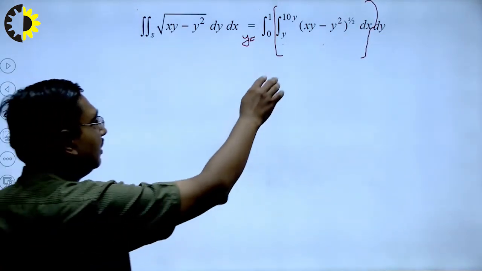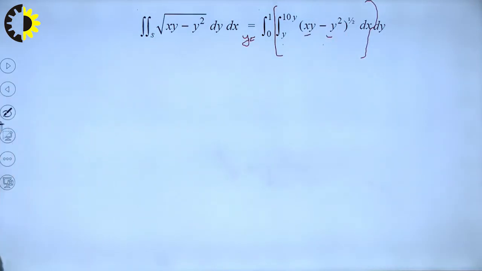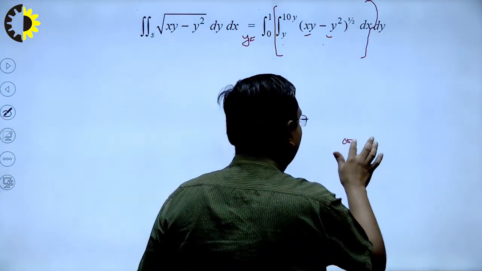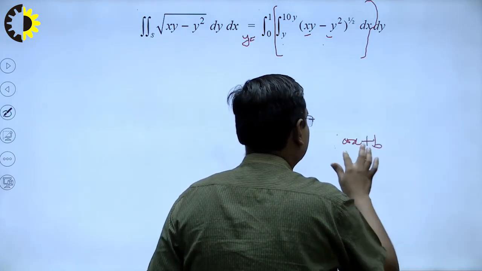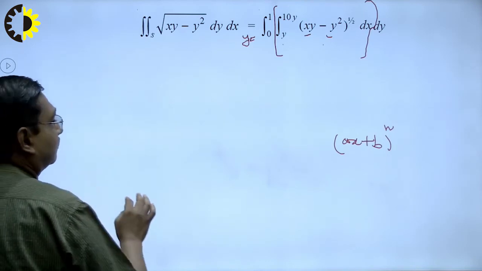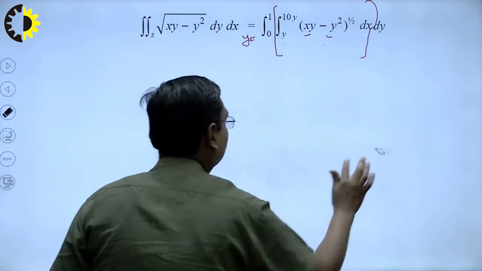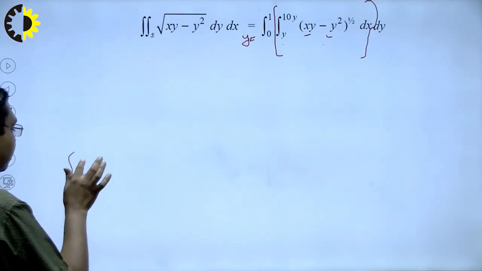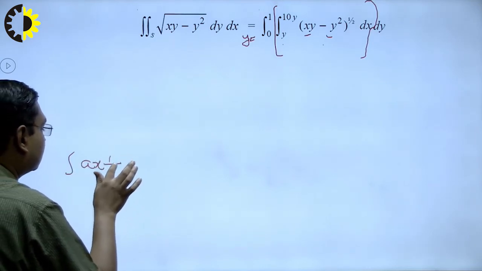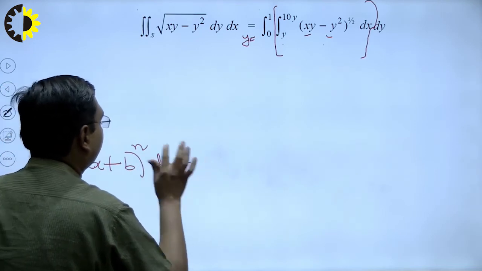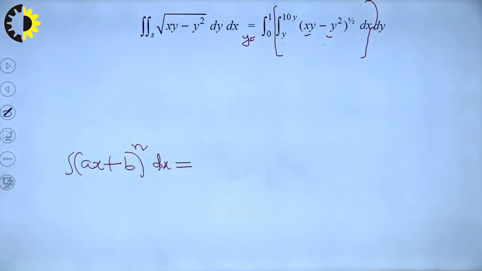Now, because we are integrating with respect to x, y will be treated as constant, and therefore the formula for integration of (ax plus b) raised to the power n dx can be used, where a and b are constants.